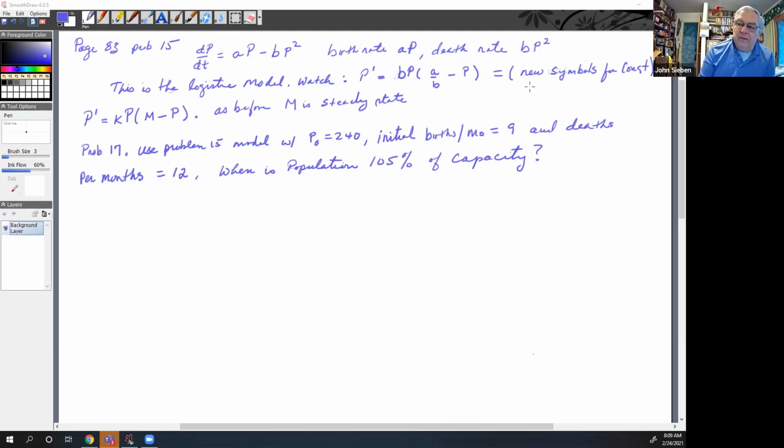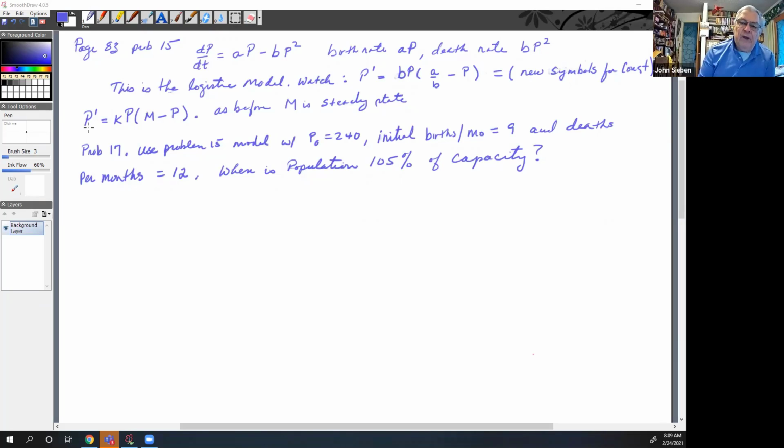And then if we just introduce some new symbols for these constants, which are parameters, if we let B be a lowercase k and A over B be an uppercase M, then the equation looks like what I've got here in the middle of the first paragraph.